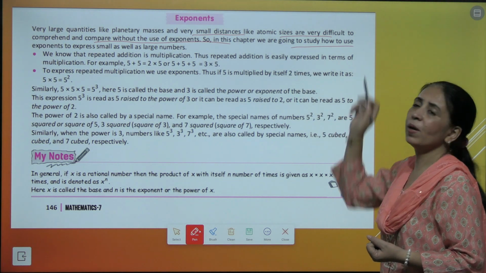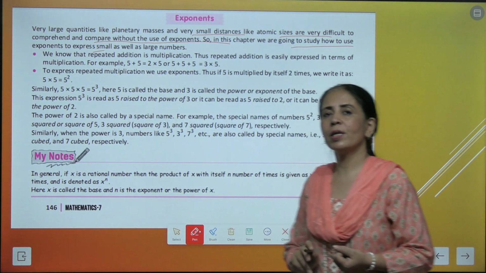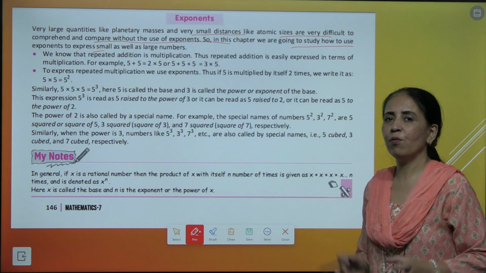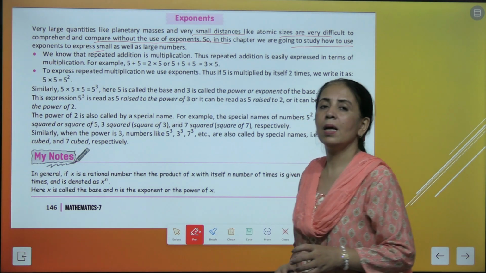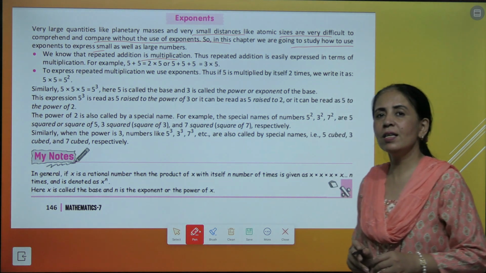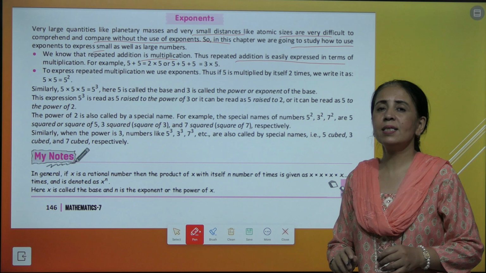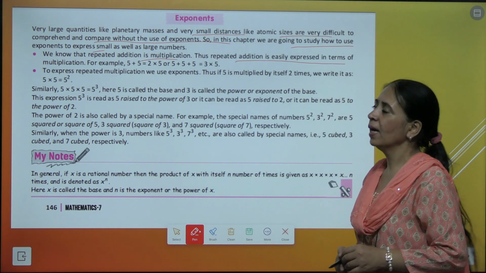So in this chapter we are going to learn how to use exponents to express very small and very big numbers.